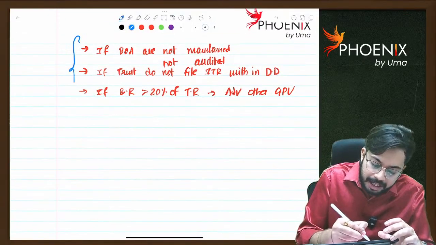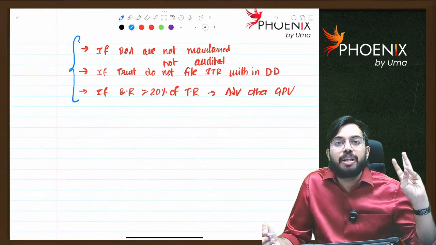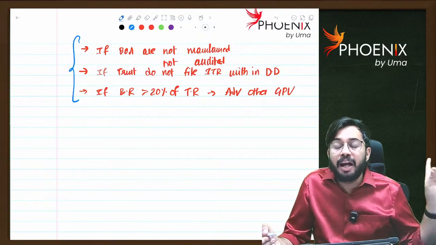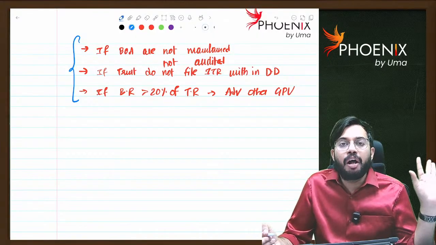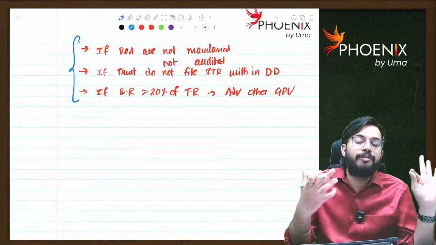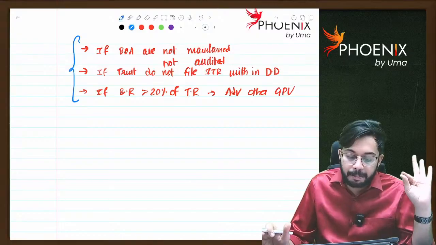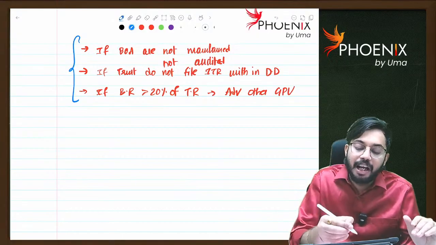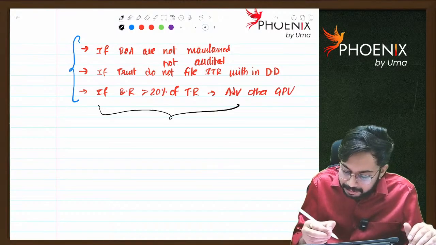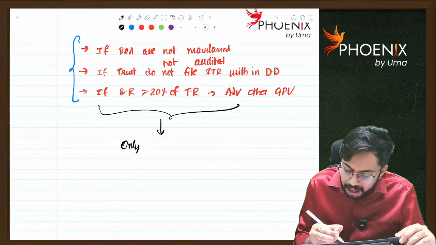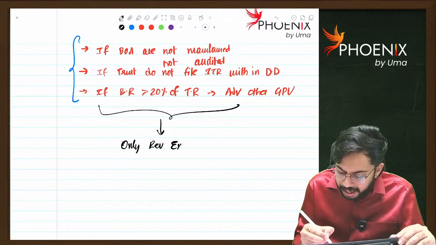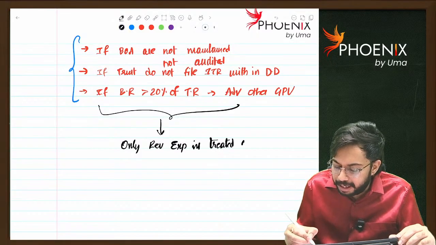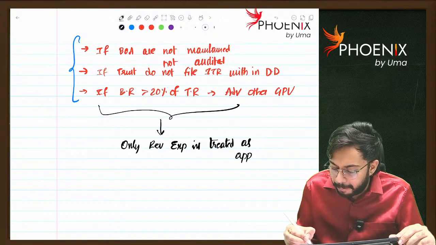So in all these cases, if books of accounts are not maintained, if they are not audited, or if ITR is not filed within the due date, or the trust is formed for advancement of any other object of general public utility and business receipts are more than 20% of total receipts, only revenue expenditure is treated as applied. Capital expenditure is not treated as applied.